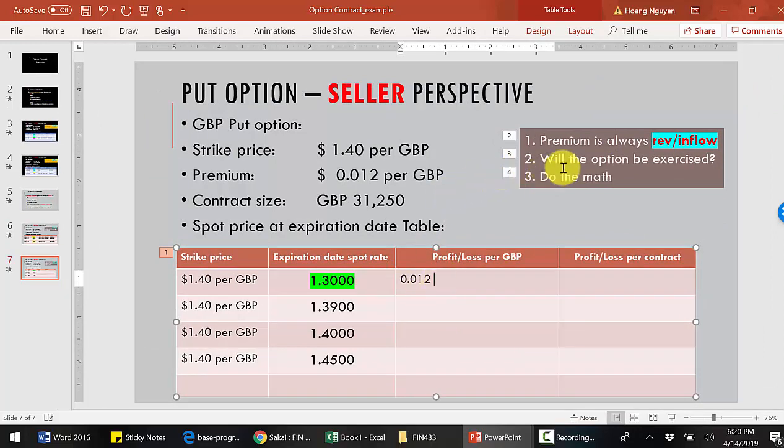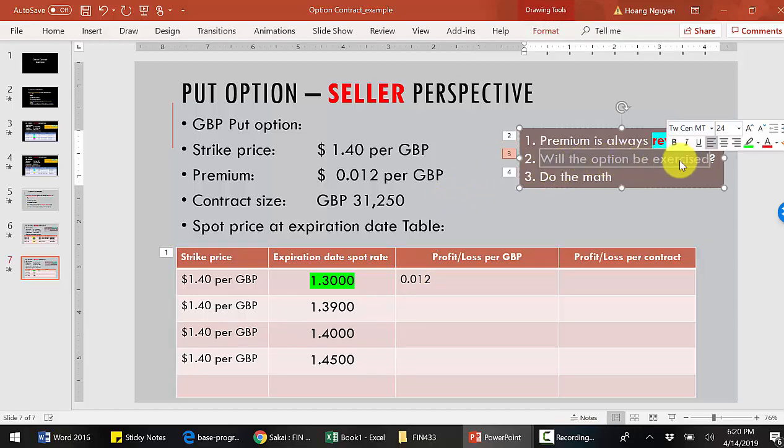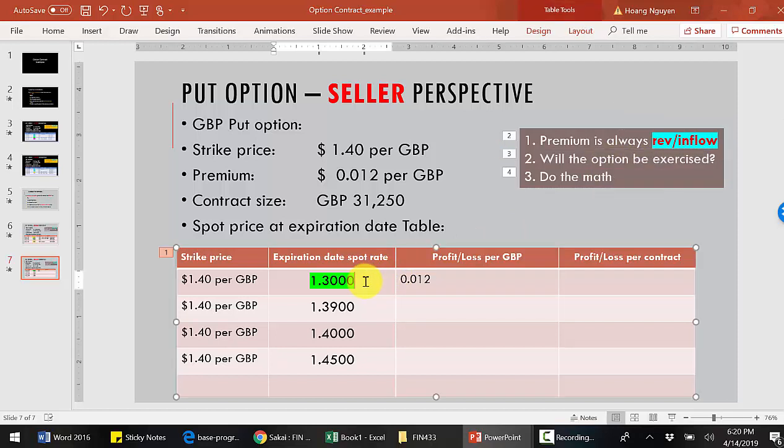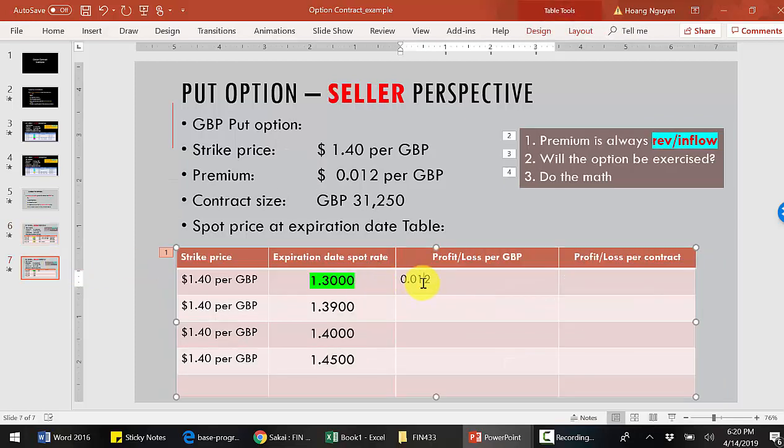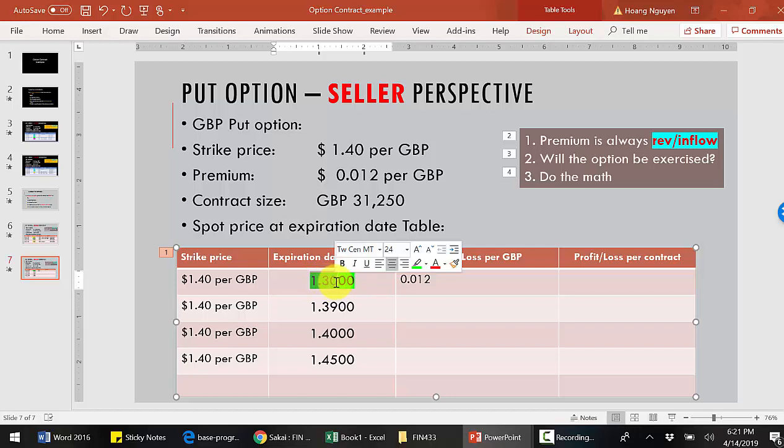Now, the next thing you need to do is answer the question, will the option be exercised? And in this case, if you remember what we did before with the put option, you know that most likely the buyer will exercise the option contract, because when the buyer exercises, the buyer will get 1.4 for the pound, which is way higher than the market rate of only 1.3.